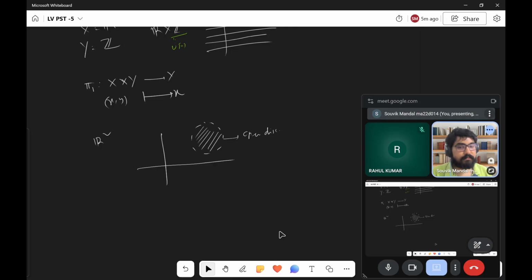This open disk is an open set, right? Correct. But it is not of the form U cross V, because elements of the form U cross V always look like a rectangle. Yes, sir. So it is not of the form U cross V, right? Is it clear? Yes, sir. So that means open sets of X cross Y cannot always be written in the form U cross V. So directly you cannot use that.